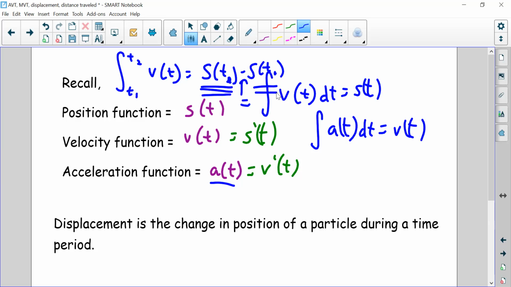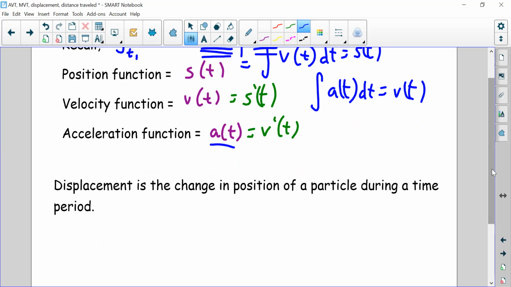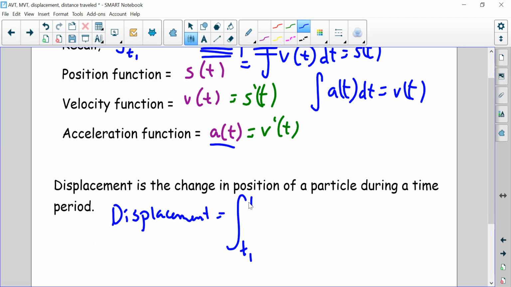So anytime you're asked to find your displacement and I give you the velocity function, displacement is equal to the integral from time 1 to time 2 of my velocity function. Because when I do the antiderivative of velocity, that gives me position at time 2 minus position at time 1, ending position minus beginning position.